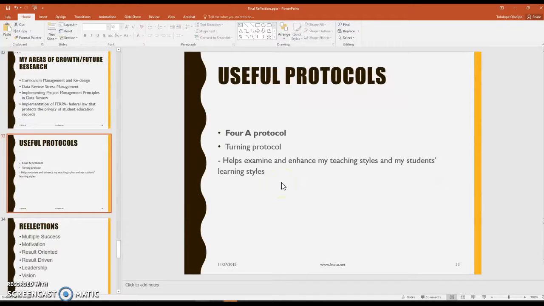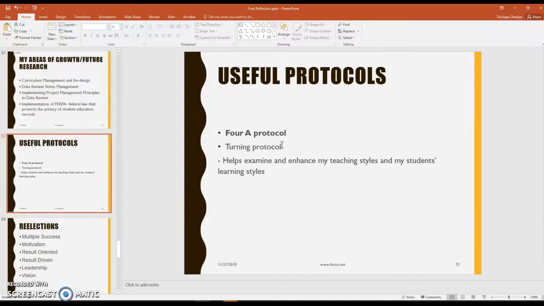Now, the useful protocols. All right, for me, the 4A protocol is so useful, and I really like the 4A protocol because it helped me to make improvement with reviewing data, either my team's data or my data. The 4A protocol also helped me to make some impactful, positive decisions.